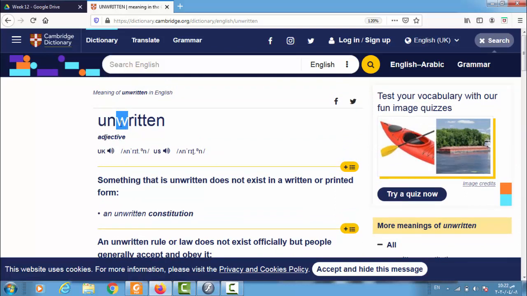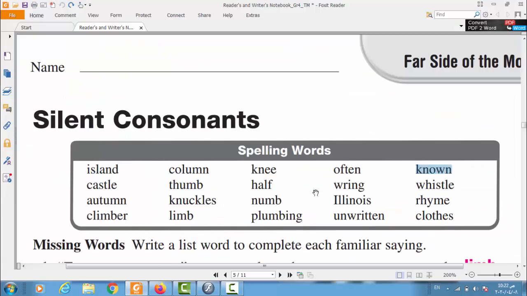We've got another T in here, but W is the first letter in this word that is a silent consonant. Okay, guys. So unwritten, we have the W in here. The next one.